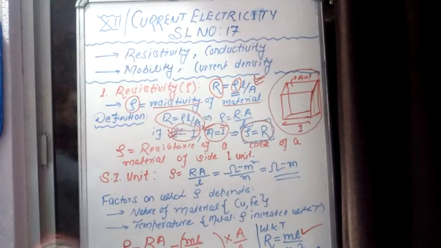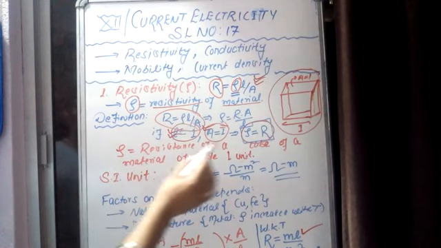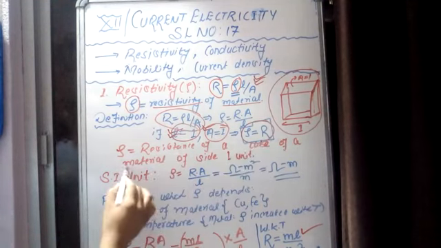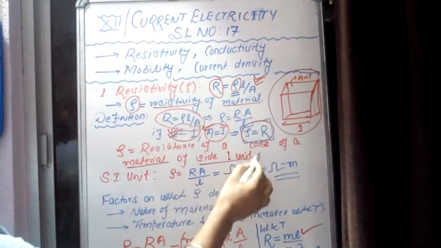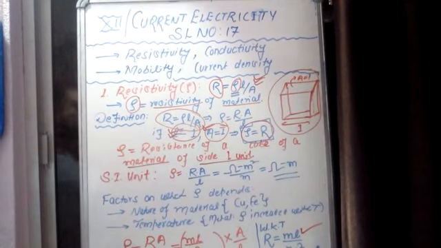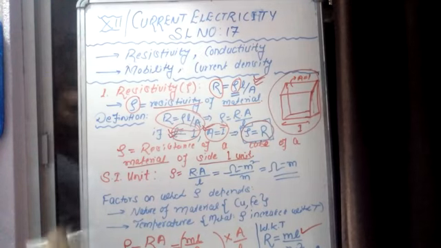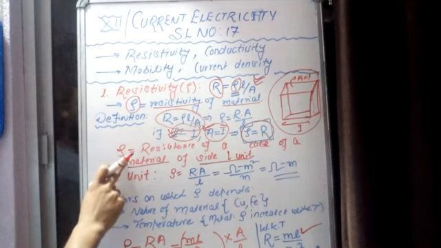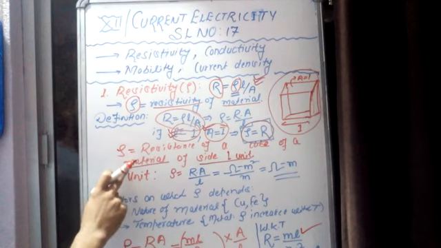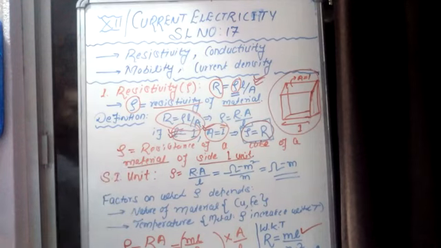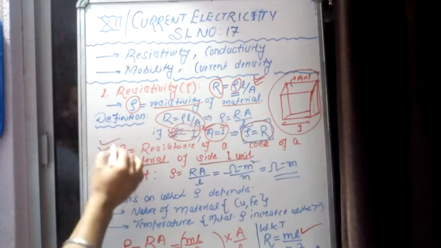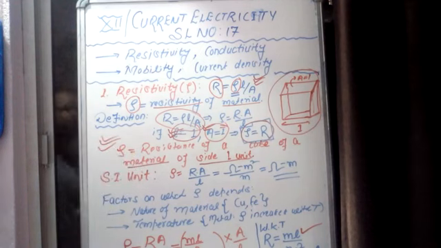Now, finally we can say that the resistivity of a material is defined as the resistance of a cube of the material having side 1 unit. So this is the general definition of resistivity.